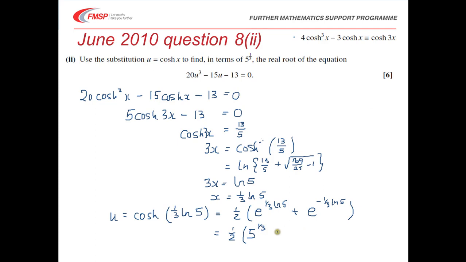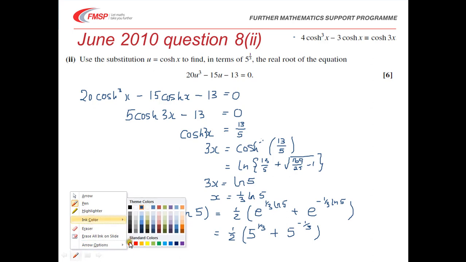And in a similar way, we can replace this by 5 to the power of negative a third. So we've found, in terms of 5 to the power of a third, the root of the equation.